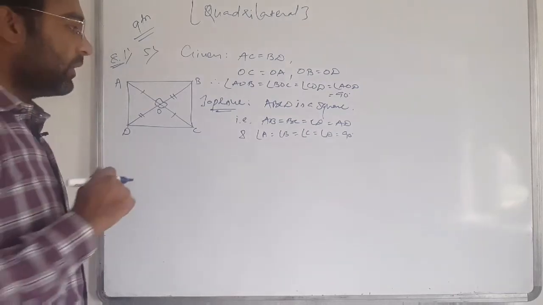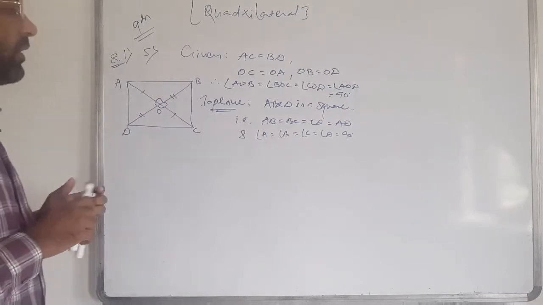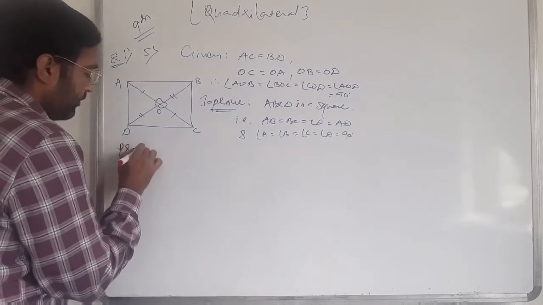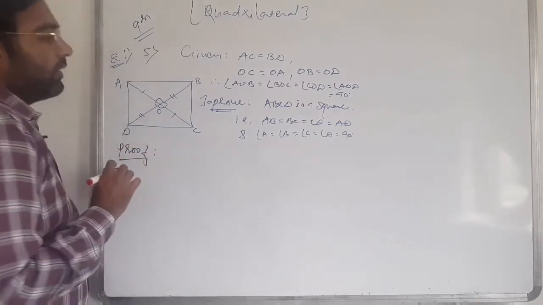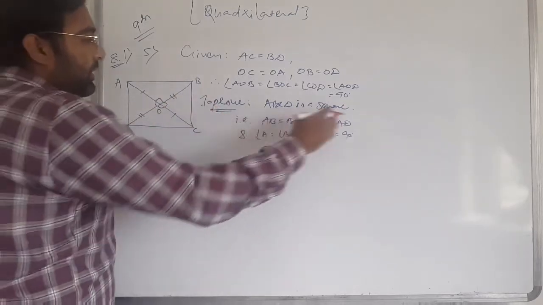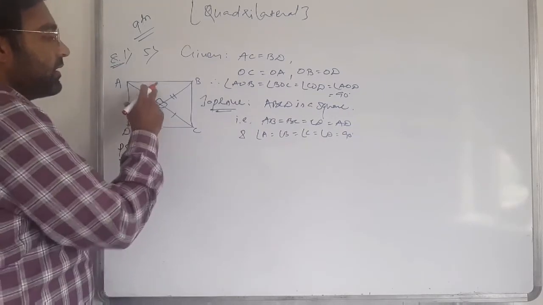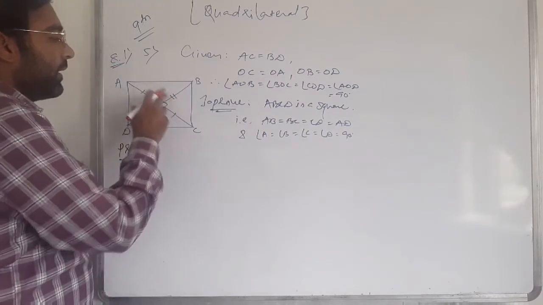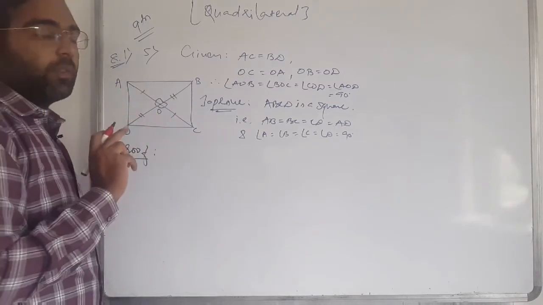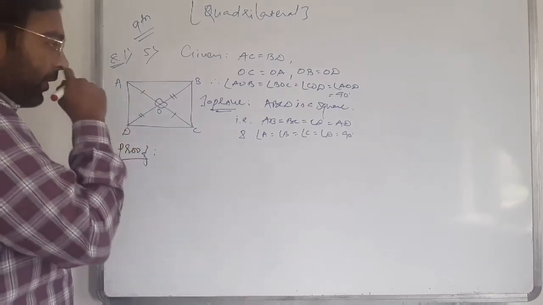So let's start. In the proof, first we prove all the sides are equal. For this we take pairs of adjacent triangles and prove that they are congruent.